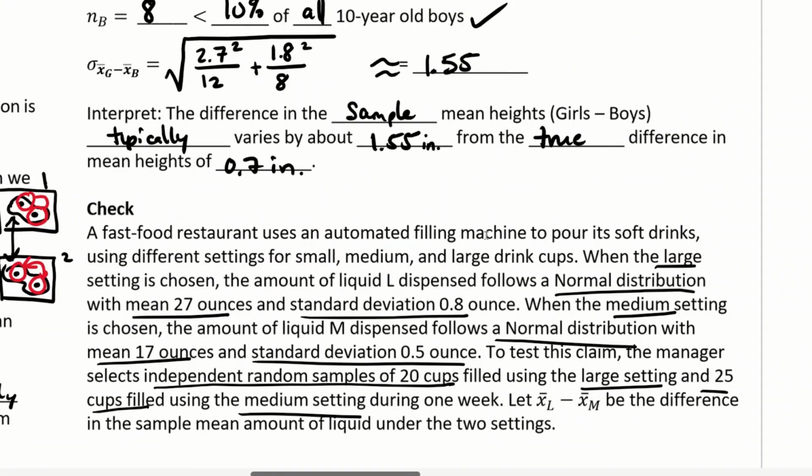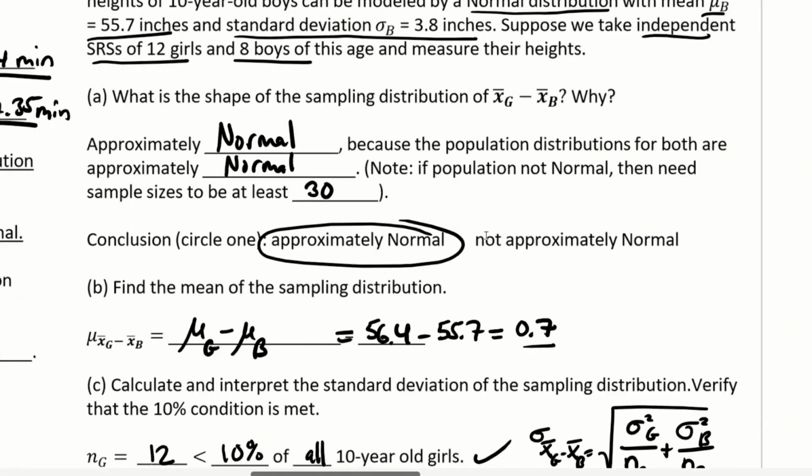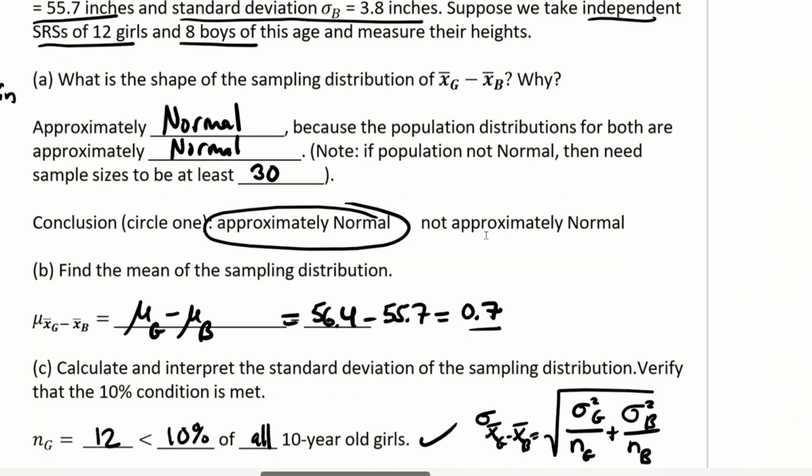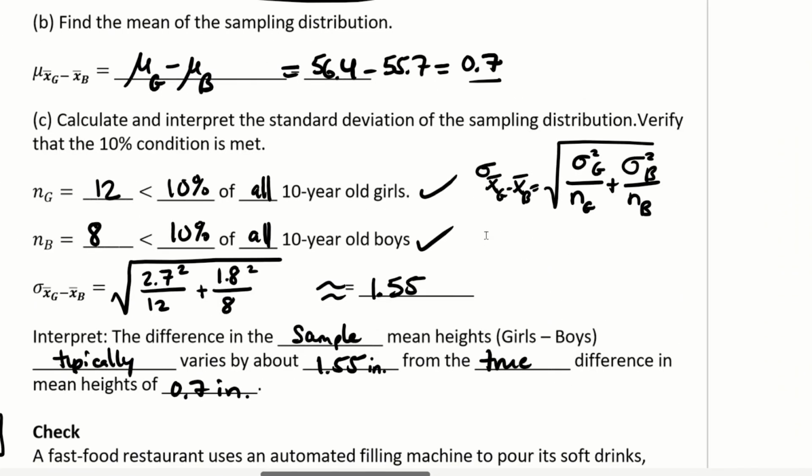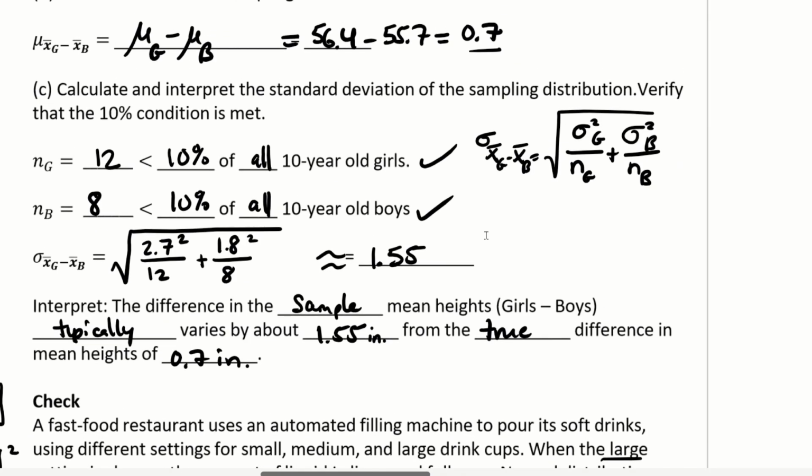Here you go. For the boys and girls, we have the mean difference, which is mu x bar, is 0.7. So we're going to use that. And the standard deviation, we said, was 1.55. So we're going to go ahead and apply that here.